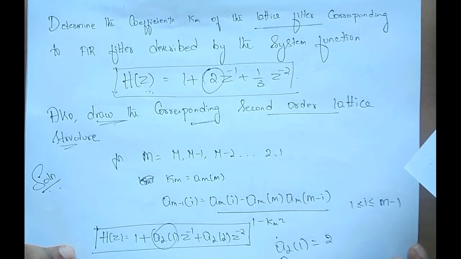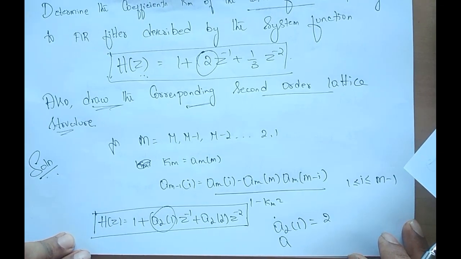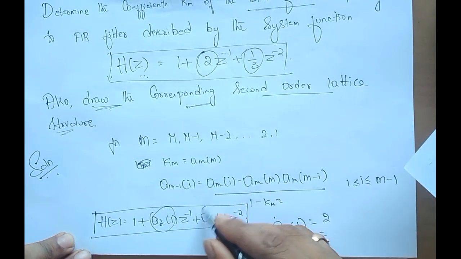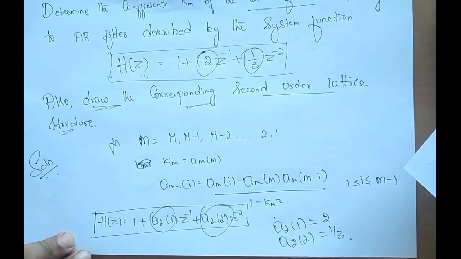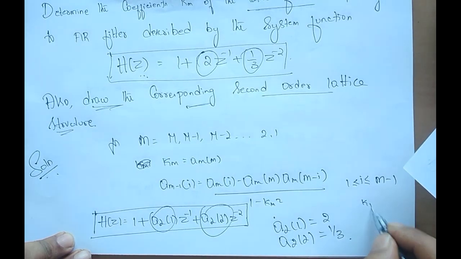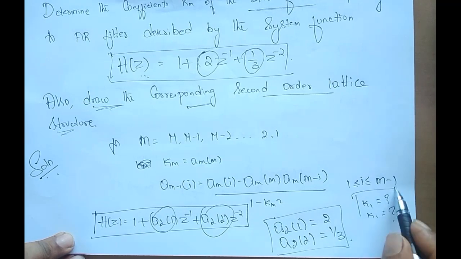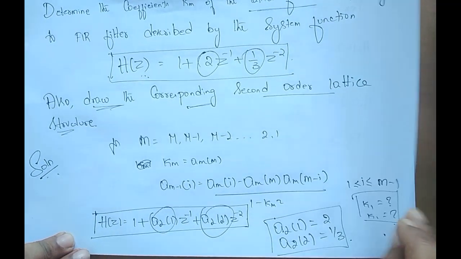And a2 of 2 value is 1 by 3. So I need to convert from these a's to k values. We need k1 and k2. These two are unknown for us.